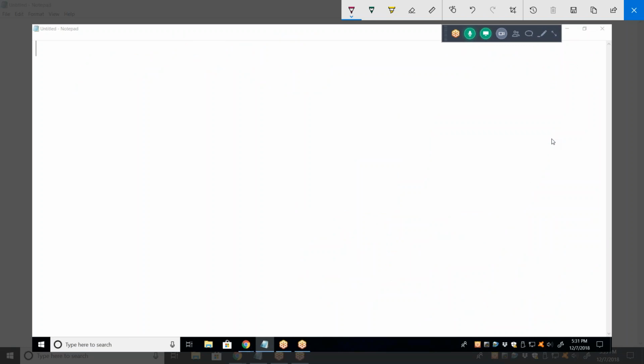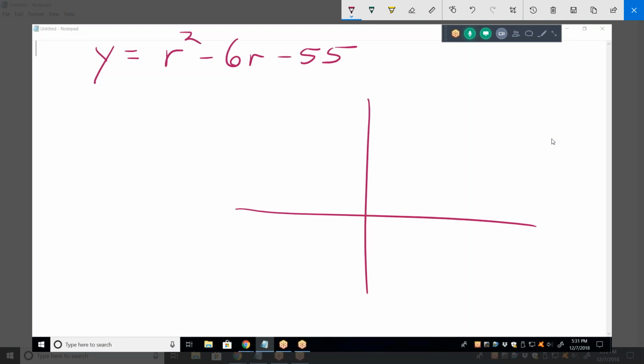I got: what are the zeros of the function and what is the vertex of the parabola? The equation is r squared minus 6r minus 55. Does the parabola open up or down?